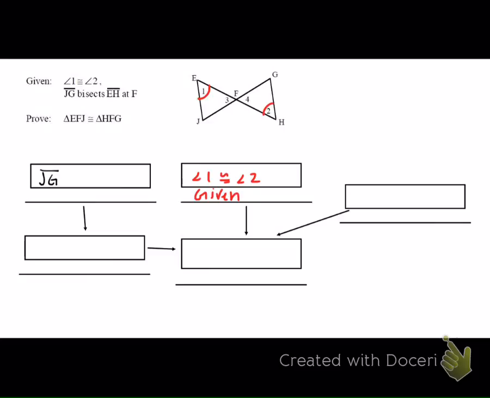GJ bisects EH at F. This is given. You see the word bisects. What kind of bisector is this one? It's a segment bisector, so you're going to mark 2 segments congruent. Do you see how they're segments?